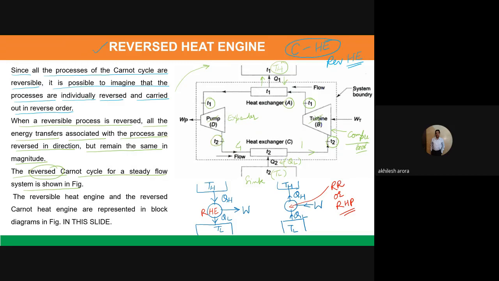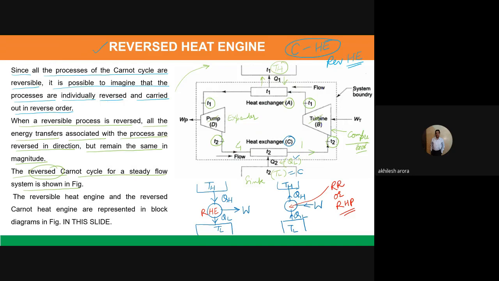So let us try to understand once again how the various processes are taking place. If you see this first heat exchanger, this is heat exchanger C. QL amount of heat is entering into it, and this heat is entering at constant temperature TL. So it is a constant temperature, or reversible isothermal process.